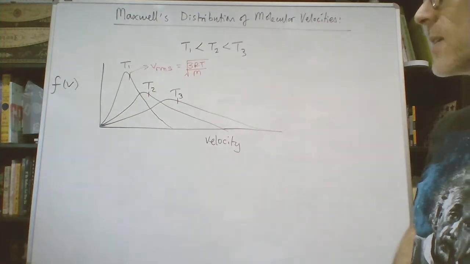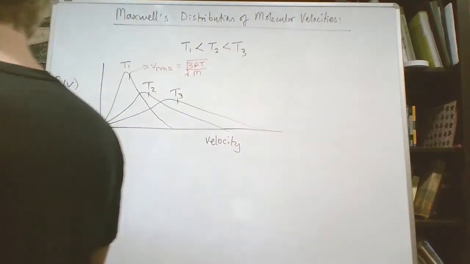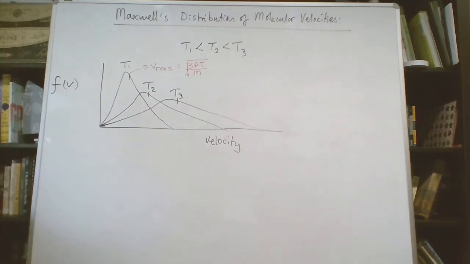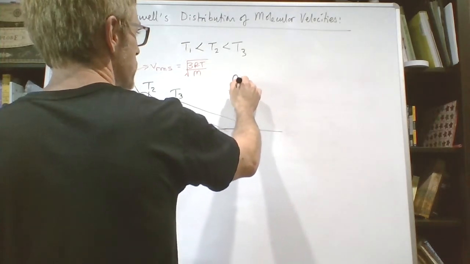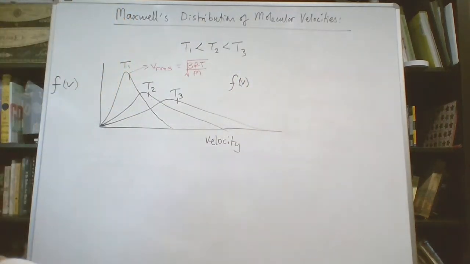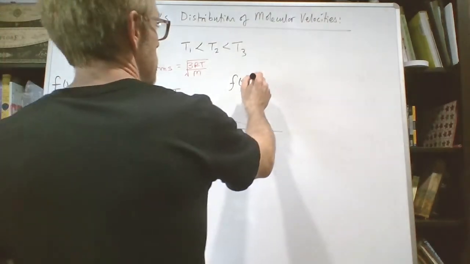So we're going to consider these three temperatures and what Maxwell had to say about them. And essentially, without deriving the equation, which is pretty simple if you have a look at the derivation, and I will probably upload the derivation notes to my students.